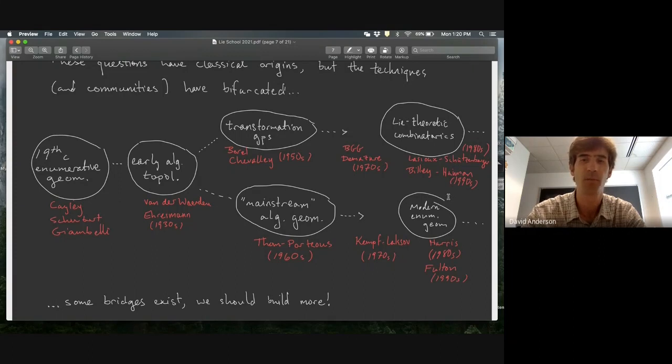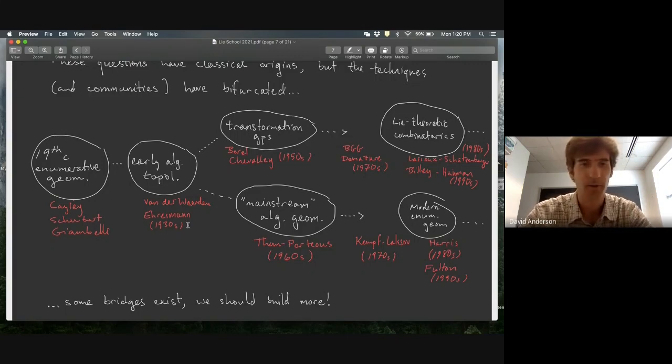Occasionally we discover them, but I'm sure that we've missed a lot of them. So if you're interested in any of these kinds of things on either branch, or possibly on a third branch that I haven't sketched out here, then it'd be great to get more people involved in building bridges here.